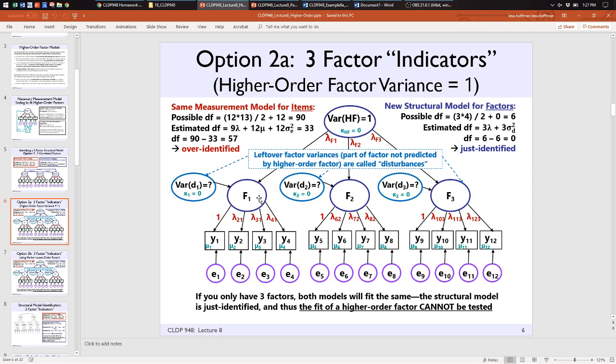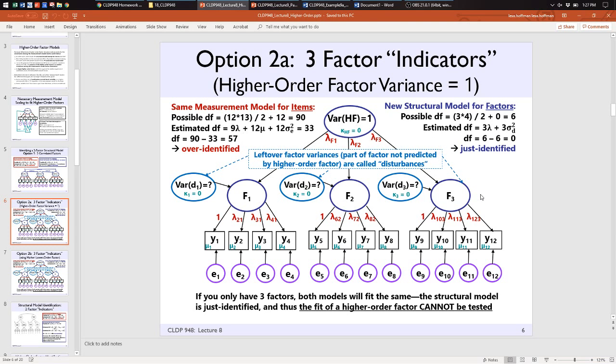Therefore, each lower order factor is now part the higher order factor, and part not the factor. We had a new vocabulary word for factor variance left over. Starts with a D. Disturbance, yes. Think of it as factor error, but it's error relative to the higher order factor in this case.